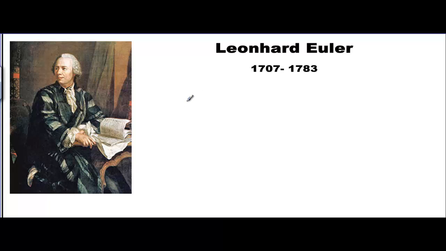There's a third form of a complex number as well. This third form was developed by Euler. You see his picture here. He lived from 1707 to 1783. His form works with cis theta, and it is that cis theta is actually equal to e, which is Euler's number, to the i theta.